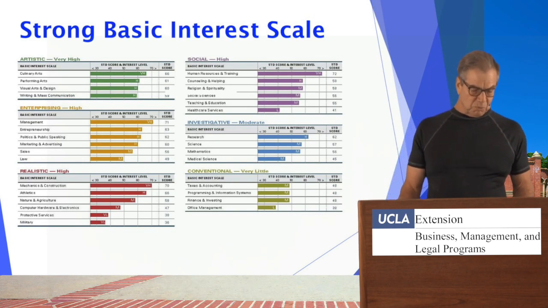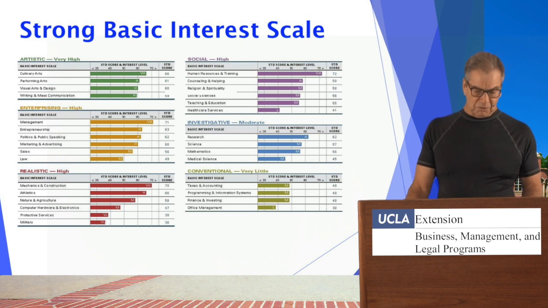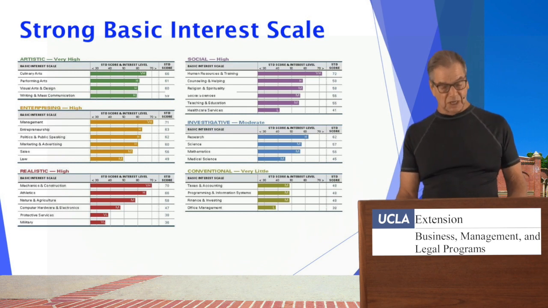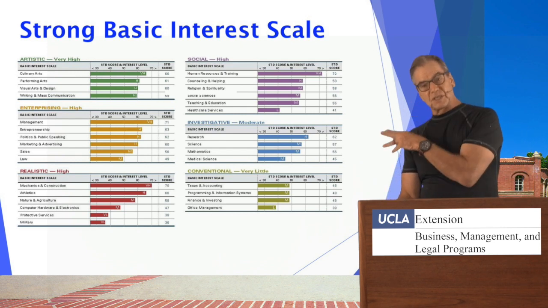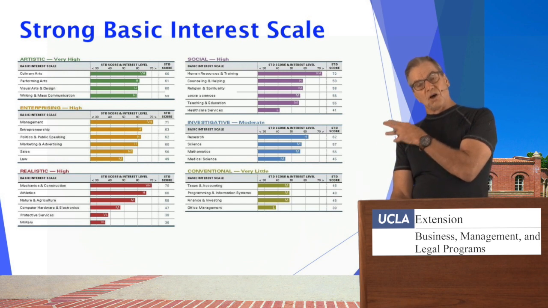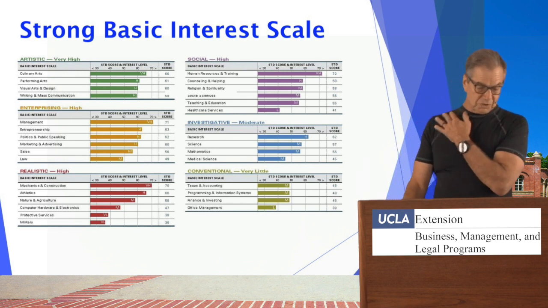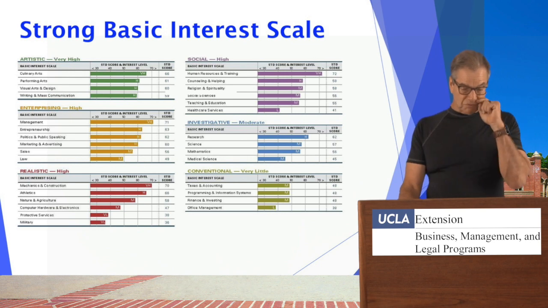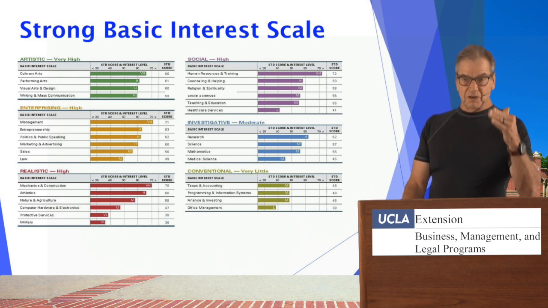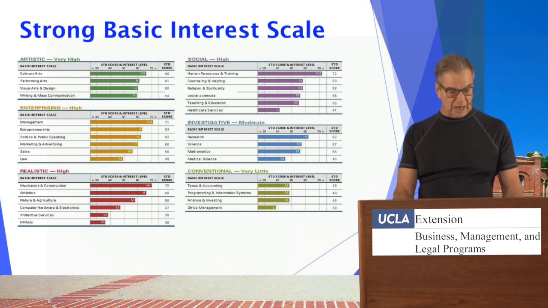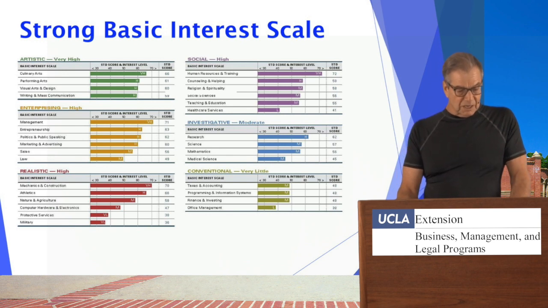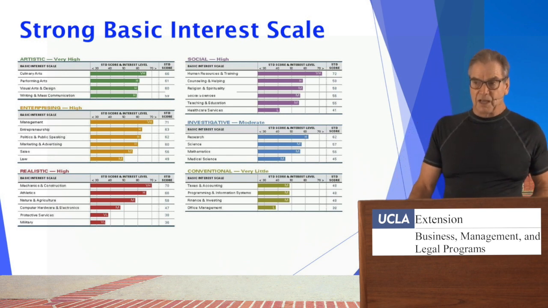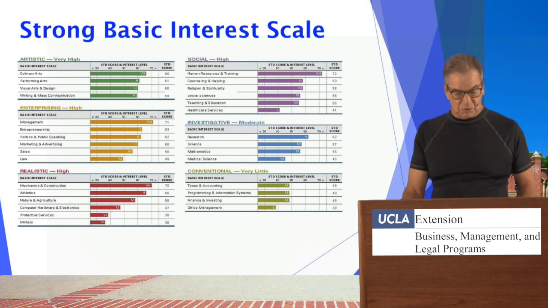And then there's another report that comes with the Strong Summary called the Strong Basic Interest Scale. For each of the 6 Holland work themes, it will list 4 or 5 actual interest categories underneath that, and a number scale associated with how well you did with them.